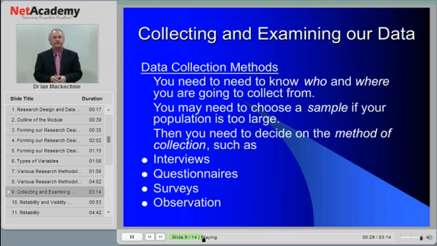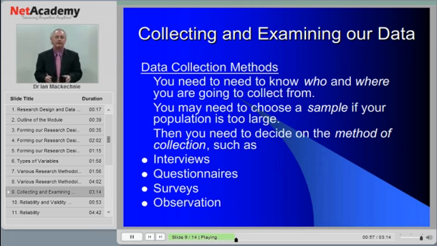Now, in many cases, it's impossible for us to gather all the data we need from all the possible sources. For example, if we were going to examine customer complaints in the airline industry in Malaysia, it would be impossible for us to talk to or to survey or to collect data from every person who complained to the airlines.